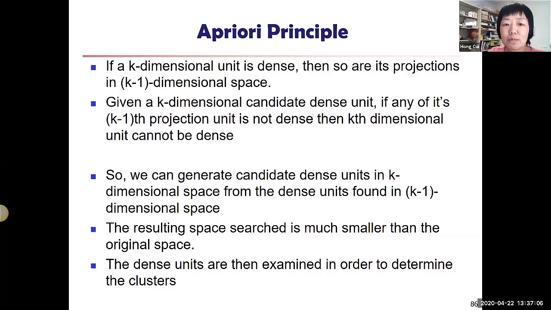Because if those 3 points are clustered in three-dimensional space, projected into any of the two-dimensional spaces, you still have those 3 points. The points won't get reduced, right? Given a k-dimensional candidate unit, if any of its k-1 projection units is not dense, then this k-dimensional unit cannot be dense. Same idea, we're just saying it in a different way.